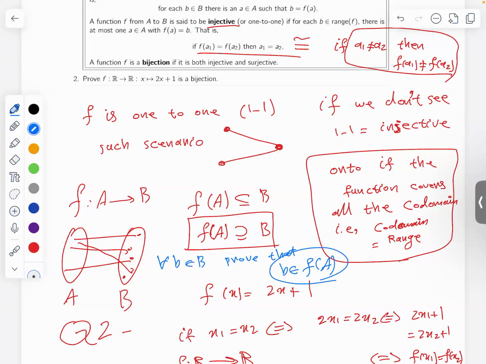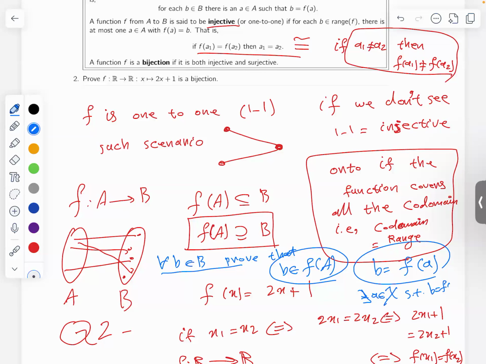To prove this, assume that it is this one. To prove this part here, you want to know that b belongs to f of A means b is equal to f of something, a. To prove this part, you want to say that there is an a in the domain X such that the above happens.